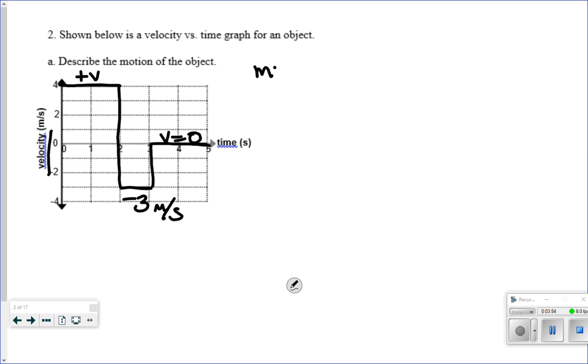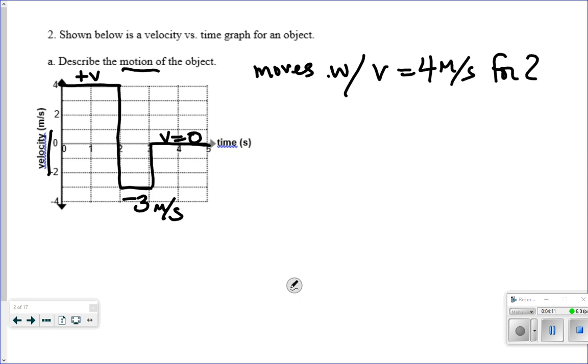So we can really graph anything we want. Let's consider, if I want to describe the motion, tell me how this thing is moving. It's moving with a velocity of, let's say, 4 meters per second for 2 seconds. So it's moving to the right. Yes, positive velocity means I'm moving to the right or moving in a positive direction.